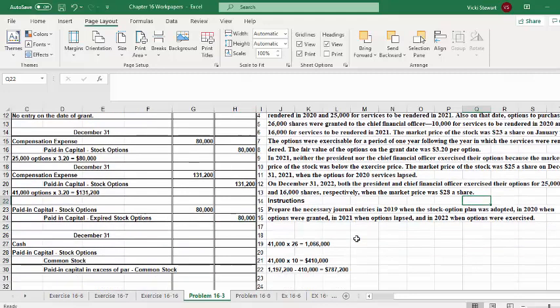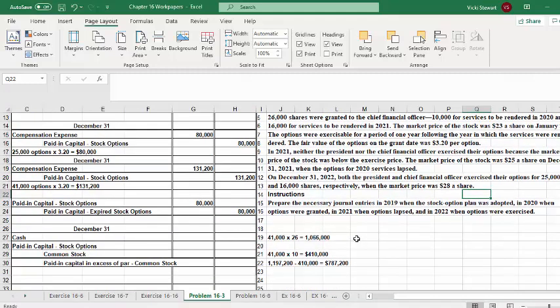So we would record the exercise of the 41,000 options. They had to pay the exercise price, which is $26 per share, times 41,000, which is $1,066,000. They have to pay that to the company.